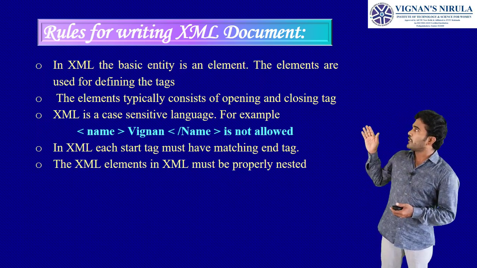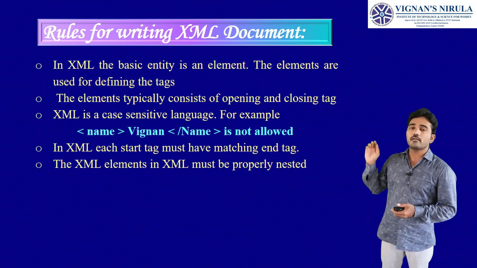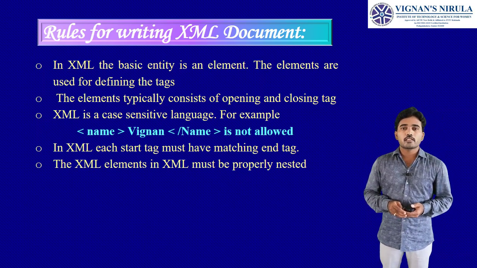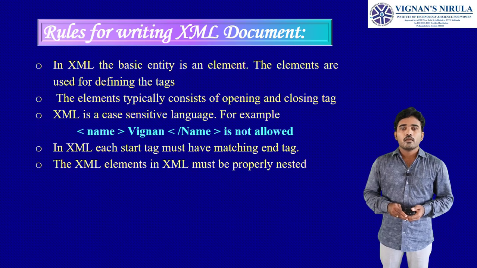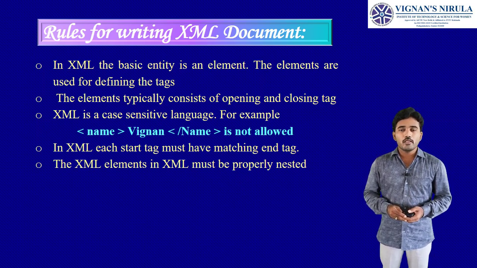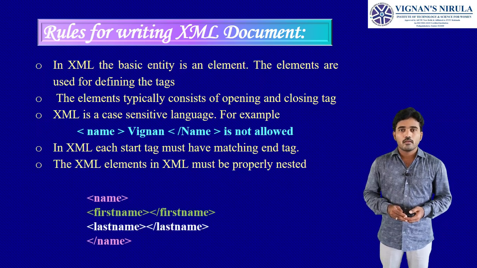In that example we have used an element name, where its starting tag is written in lower case and in the ending tag only the first letter is written in upper case. Writing like that is not allowed, and in XML each starting tag must have its ending tag. The elements in XML must be properly nested. Understood?